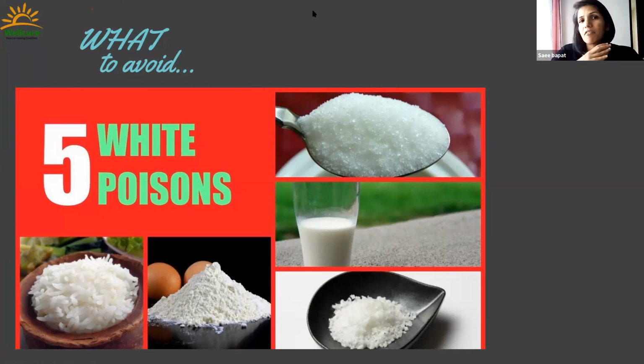We can very well get everything from plant-based products. And why go to plant-based products? Because they are easy on the gut, they are easy to digest, and they don't have any harmful side effects. So you will learn everything about all these 5 things in detail. Why not sugar? Why not dairy? Why not oil? In detail in the course.